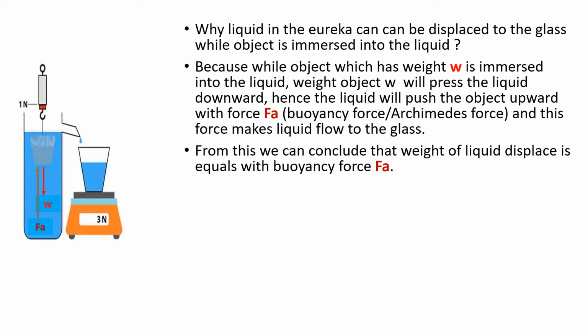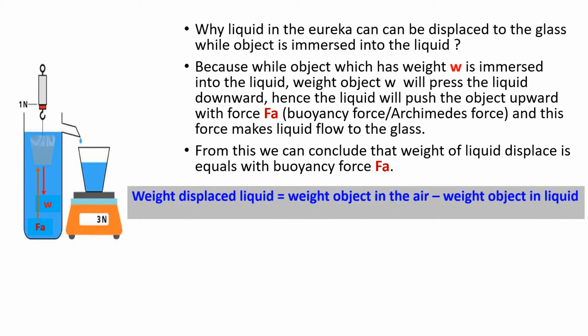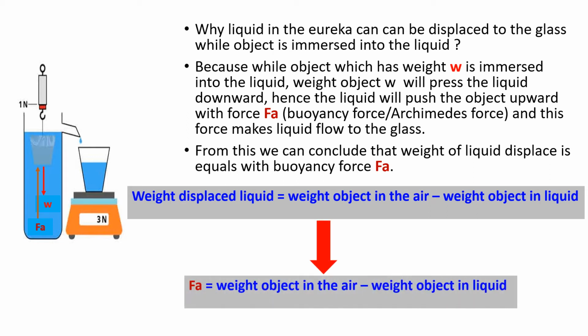From this, we can conclude that the weight of liquid displaced equals the buoyancy force Fa. So the formula can be substituted with Fa equals weight of object in the air minus weight of object in liquid.